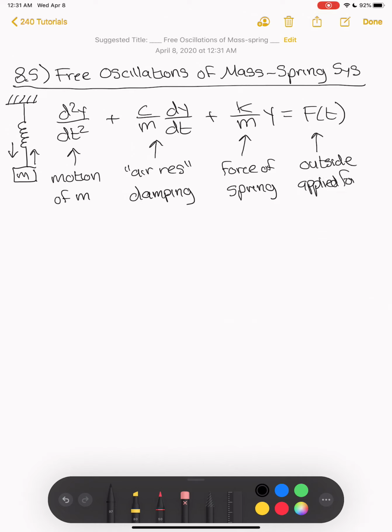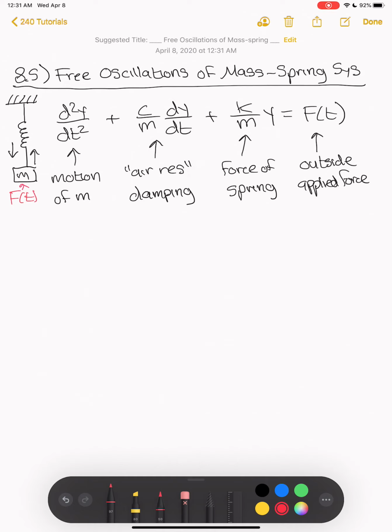So somebody is standing there pushing the mass as it moves, and it's not part of your actual system, but you have to account for it anyway. So that's what we have here on this right-hand side. It looks like this. Outside force, like this, pushing on your mass.